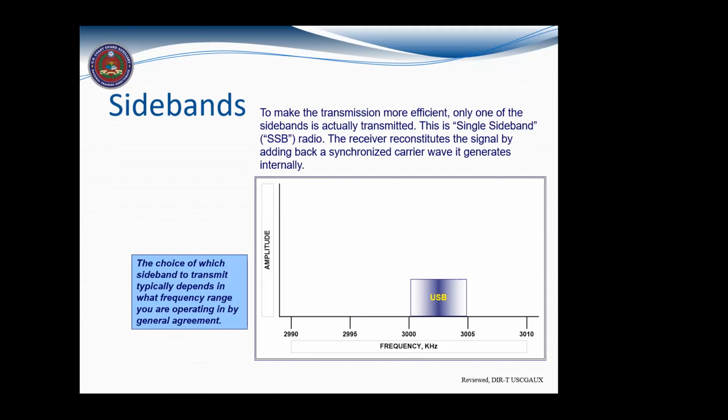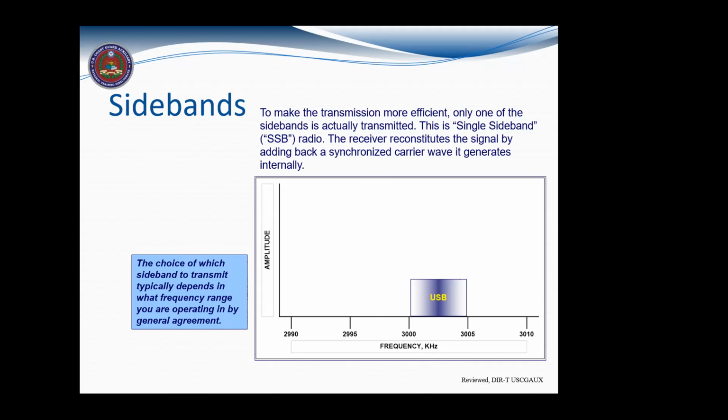In the United States, for our marine communications, they picked the upper sideband. And now you can take all of that power that was going to the lower sideband and the carrier and pump it into the upper sideband with greater effect to transmit your messages.